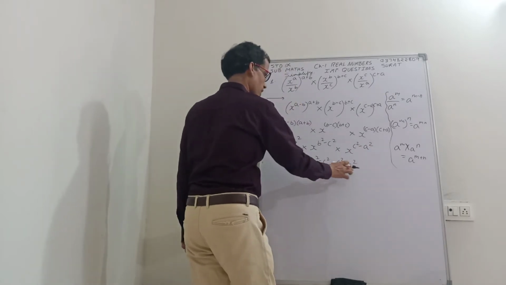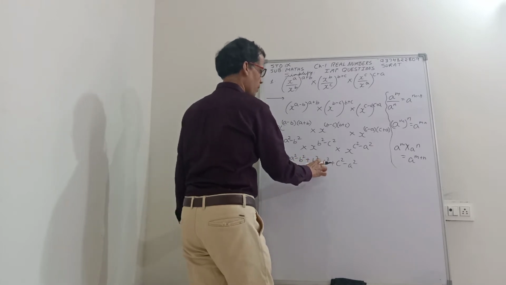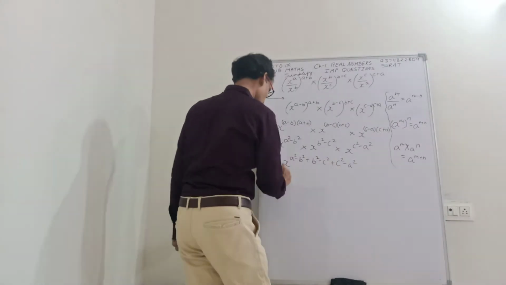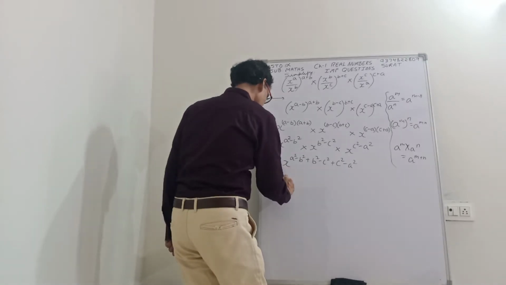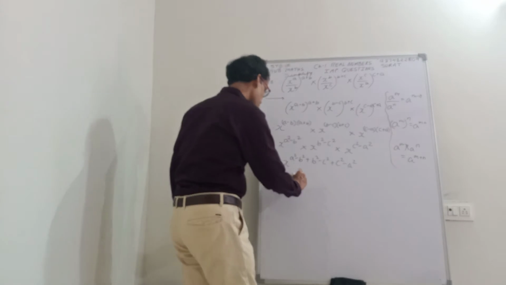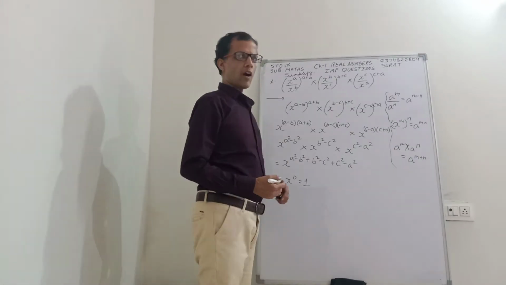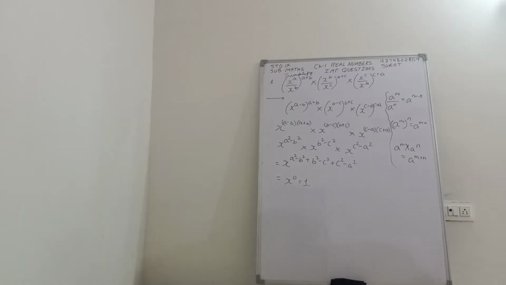Now a square minus a square is 0, minus b square plus b square is 0, minus c square plus c square is 0. So we get x power 0, and if the power is 0, your answer is 1. So this completes our first question.